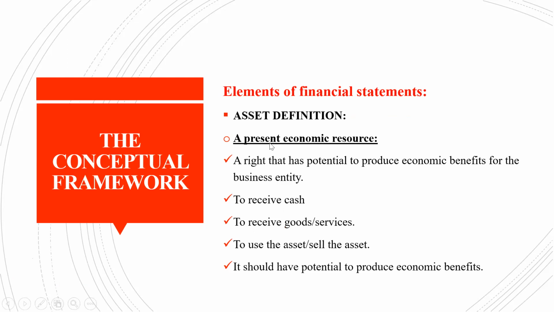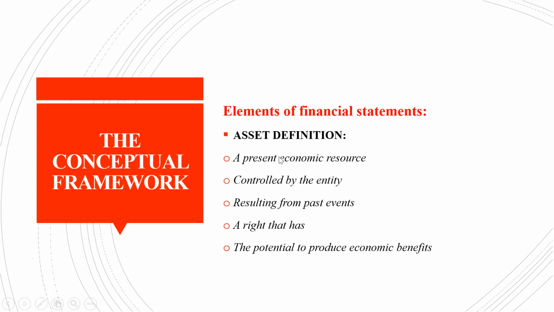Now, let's explain that first element, because you need to understand these things. This is what they'll ask you to do. So, for example, when you're dealing with a transaction in the scenario, they'll ask you to explain whether there's a present economic resource, identify it from the case scenario to say, okay, the present economic resource that the company has is this. But you cannot identify it unless you understand it.